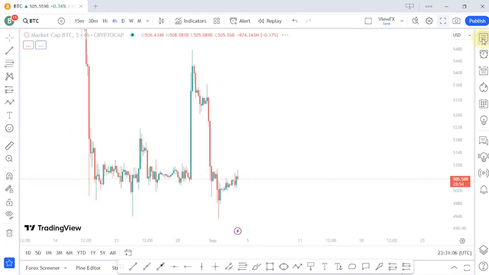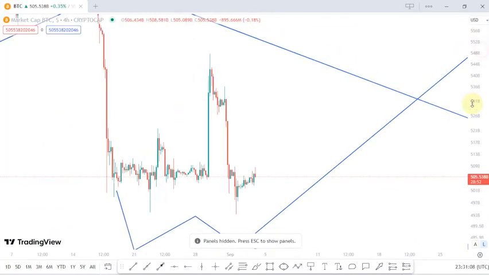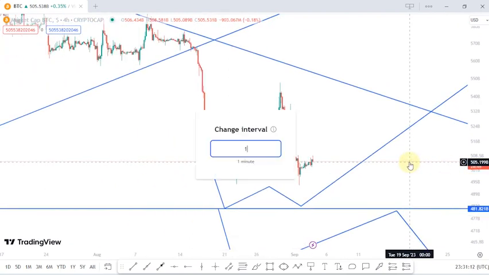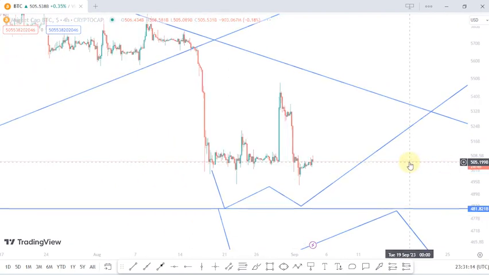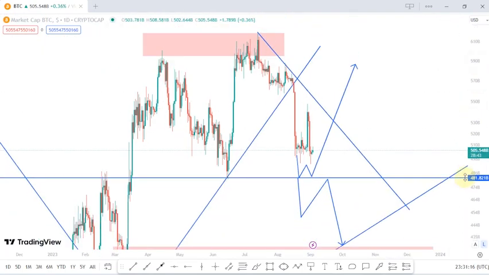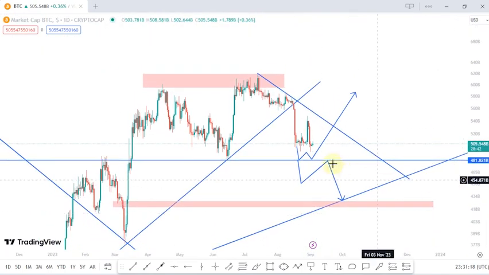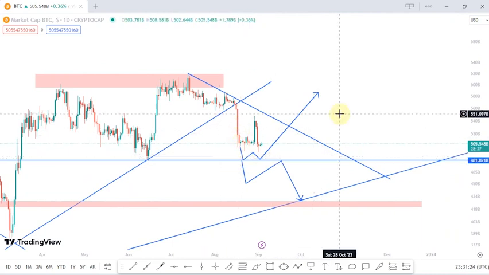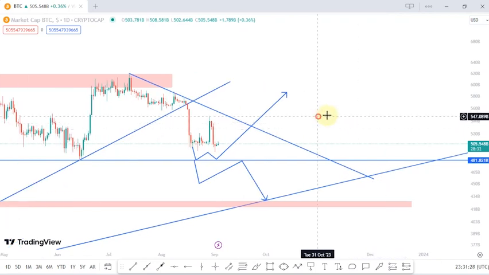BTC. Let's see what's happening to Bitcoin. All right, so Bitcoin is still in the same location. Nothing much is going on with Bitcoin.